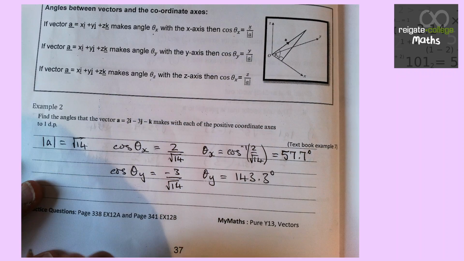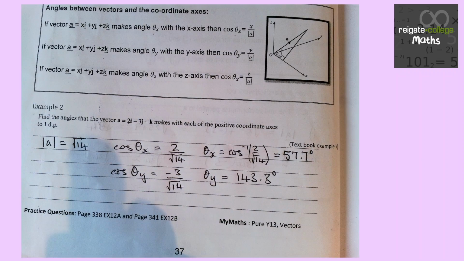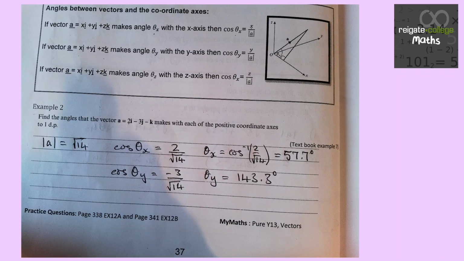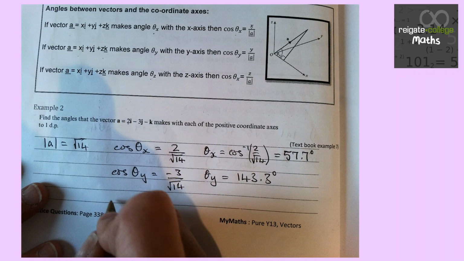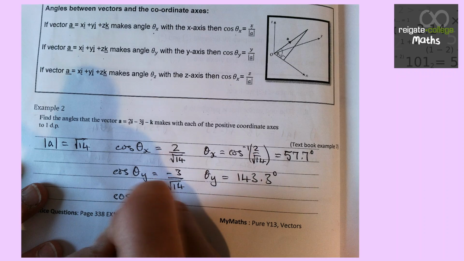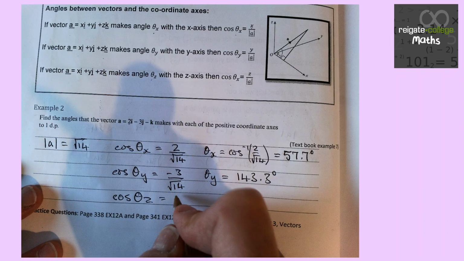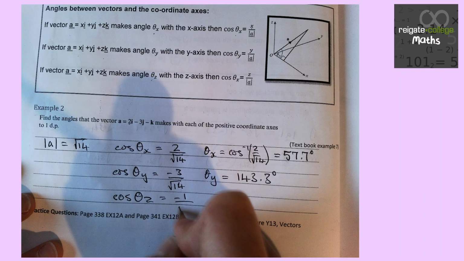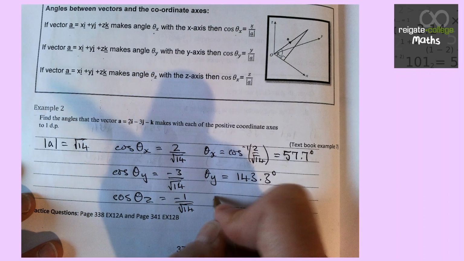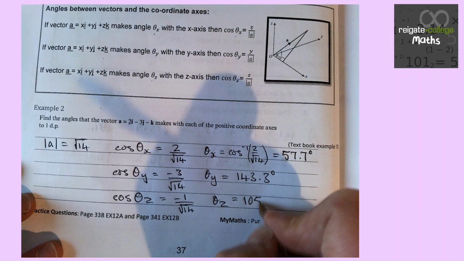You might like to just pause and work this out for theta z, but I'm going to write it down now. So if you've paused and worked it out, you can check your answer. Cos of theta z is equal to minus 1 over root 14. So theta z comes out to 105.5 degrees.